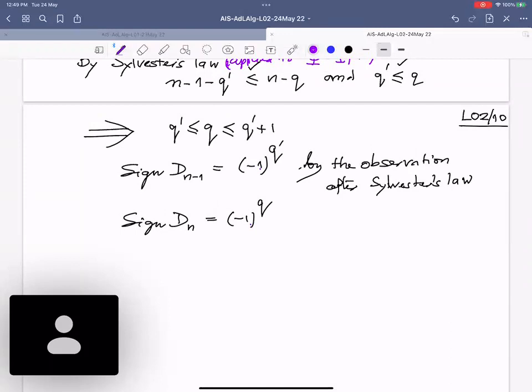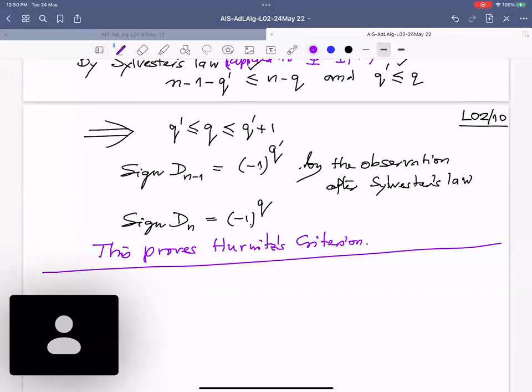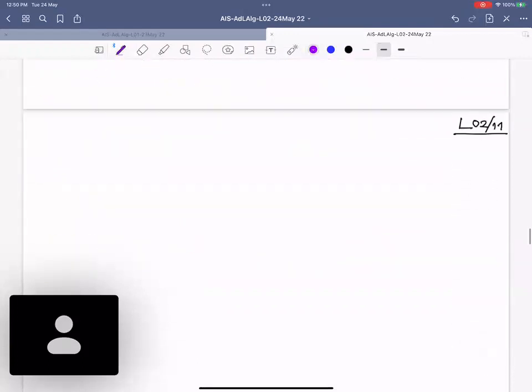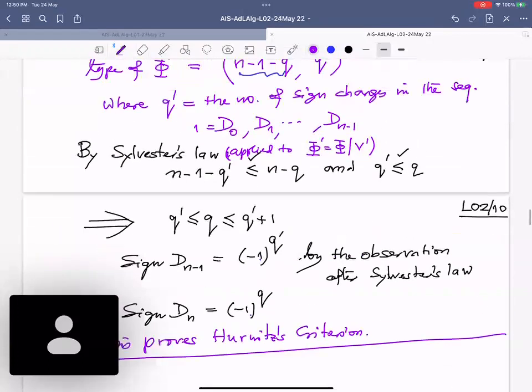If it is this, then you have to count extra, which is what we want. So this is Hurwitz criteria. All right. Since nobody asked me, I will go on.